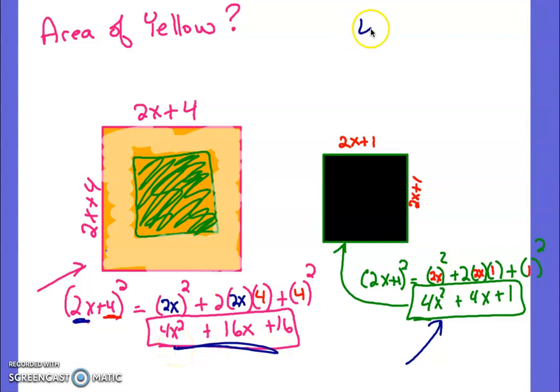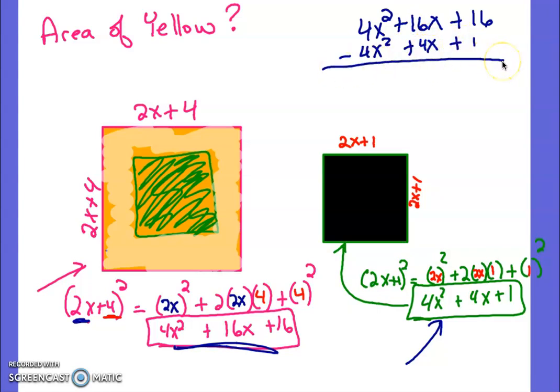So I'm going to do a subtraction of the polynomials, 4x squared plus 16x plus 16, and I'm going to subtract 4x squared plus 4x plus 1. I'm literally subtracting each column.